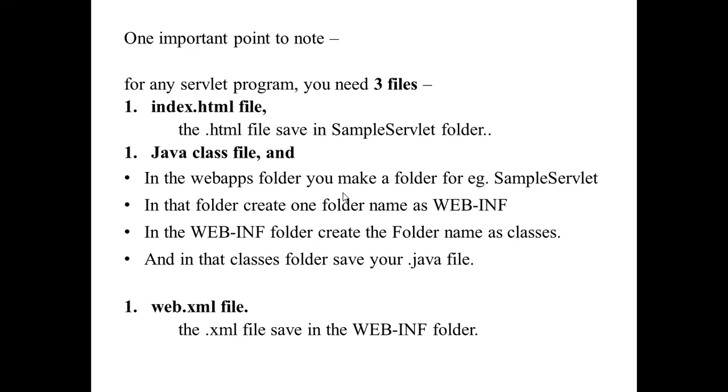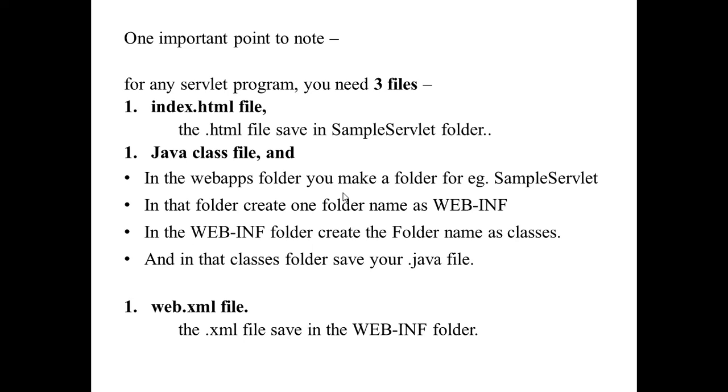So first install the XAMPP server. The XAMPP server is installed by default in the C drive. Then go to the C drive, then click on XAMPP. After that select Tomcat, then double click on Tomcat, and select the webapps folder. In the webapps folder, create a new folder for your project name, whatever you want to give as a project or program name.